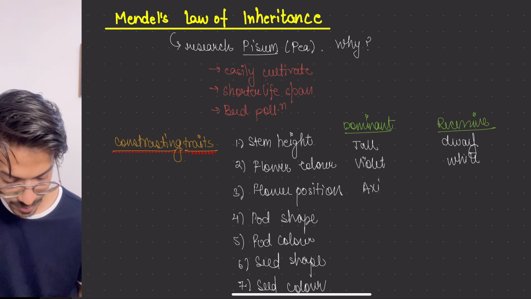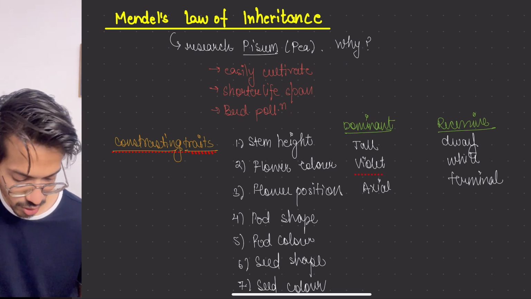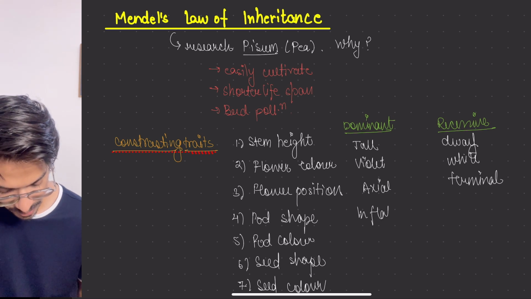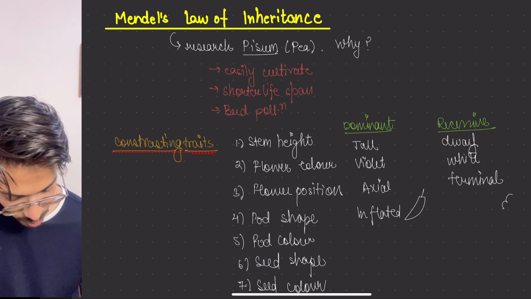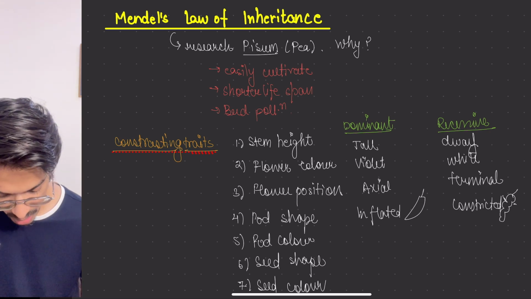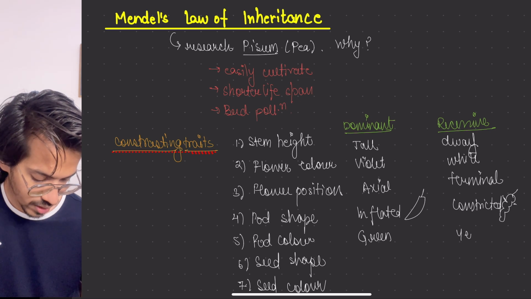Position: axial and terminal, so axial would be mostly present. Then pod shape: inflated, flat like this, but the recessive would be constricted. Then pod color: green is dominant and yellow is recessive.